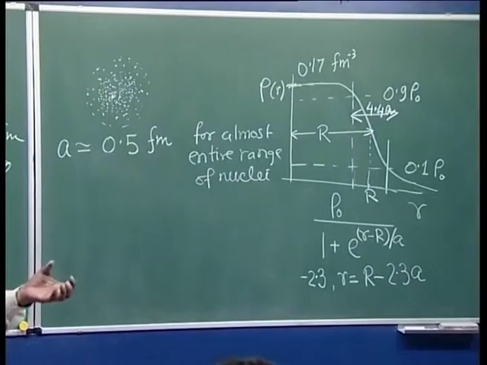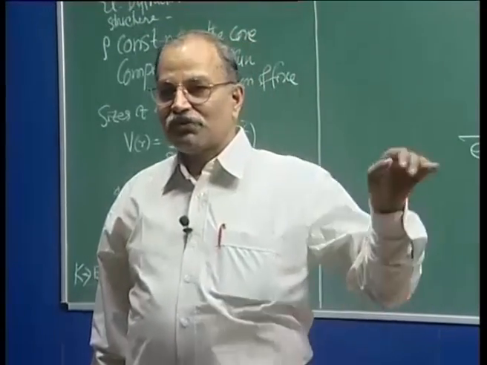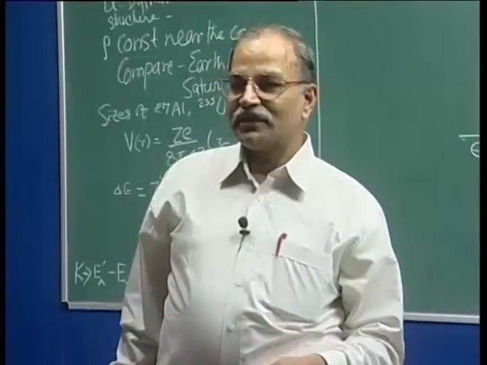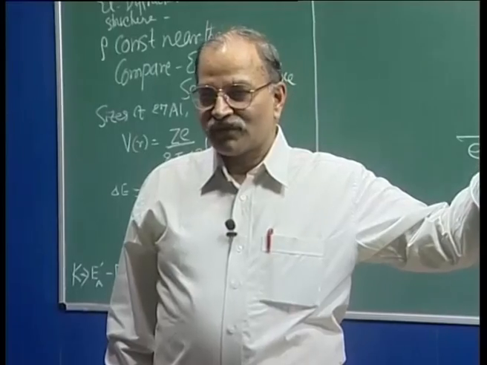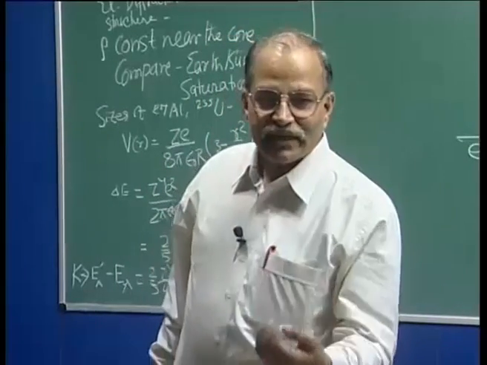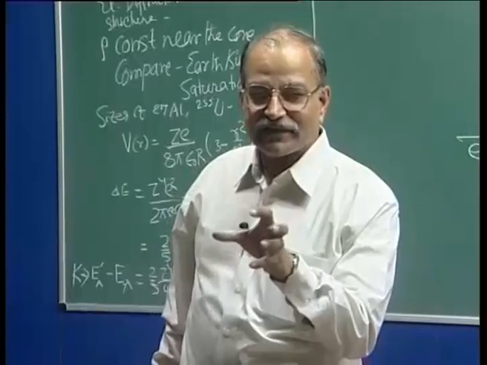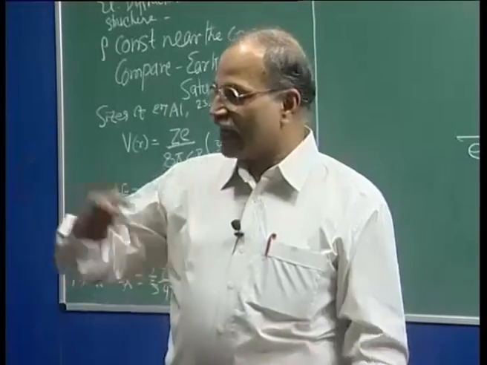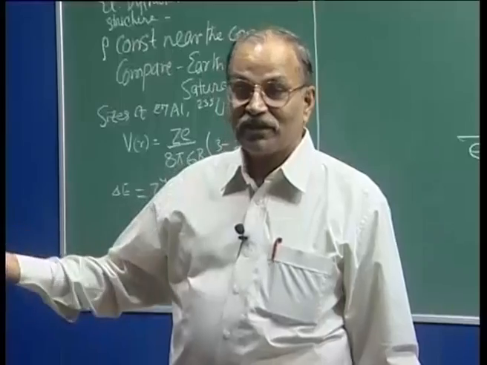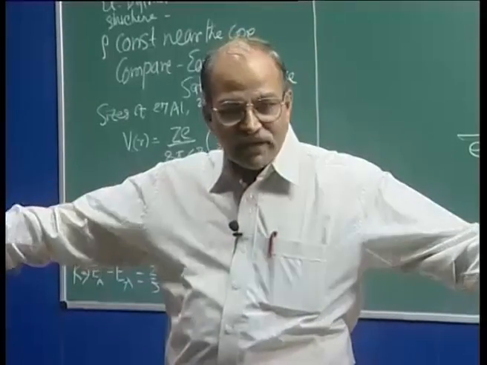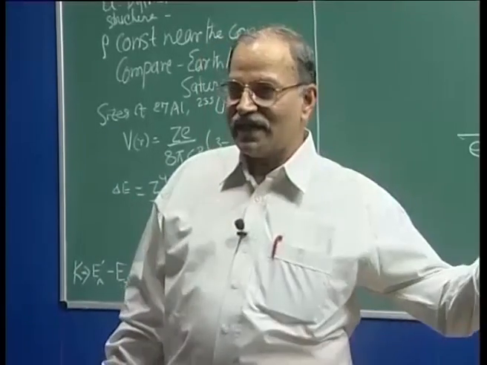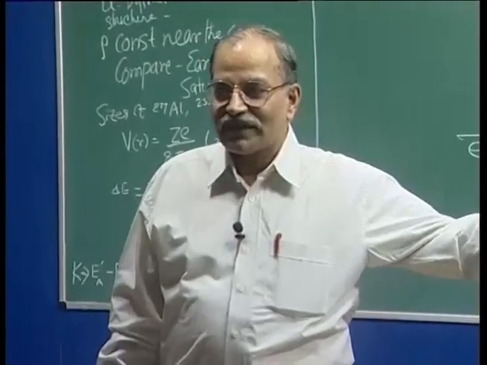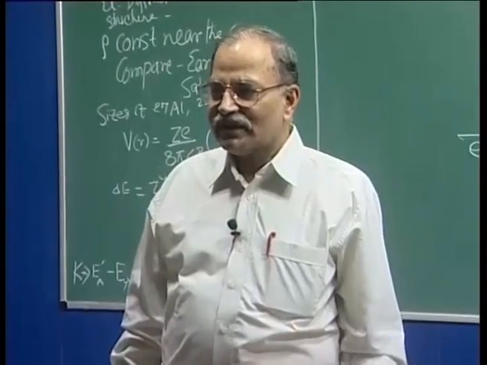So, you do the experiment with, say, carbon nuclei, and from that data you find out how much is A, how much is capital R, how much is rho naught. Then you do the experiment with, say, nickel, middle weight, zinc. You do experiments with heavy ones like bismuth or mercury or gold. So, over the entire range one can do the experiment and get the values of A, rho naught and capital R, and what you find is that A is almost the same.